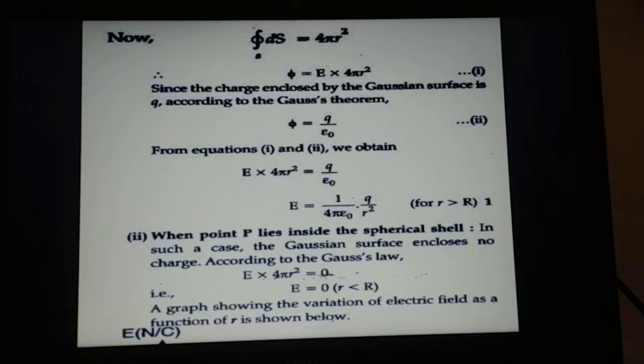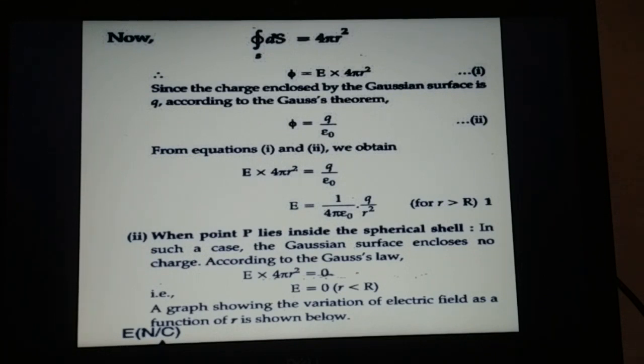conducting shell. So you got two equations for phi, equation 1 and equation 2, and you can compare them. When you compare equation 1 and 2, you get E into 4 pi r square is equal to Q by epsilon 0, and E is equal to 1 by 4 pi epsilon 0 into Q by r square.